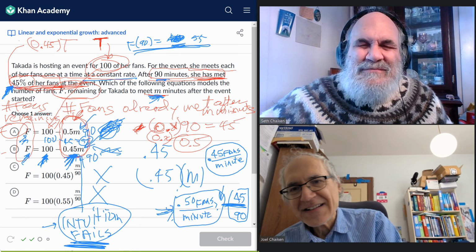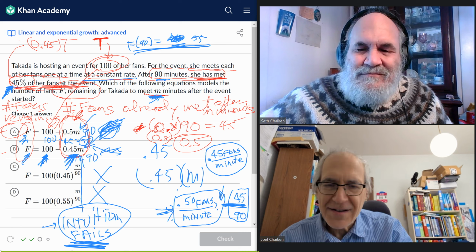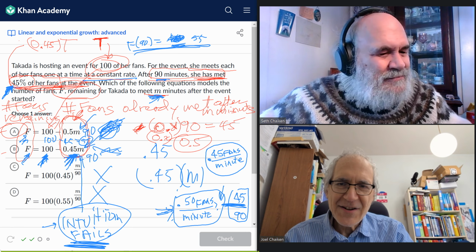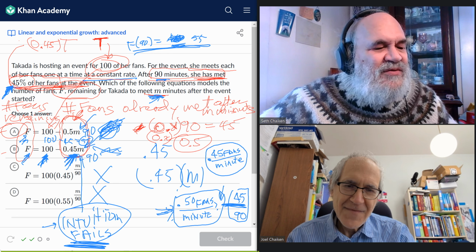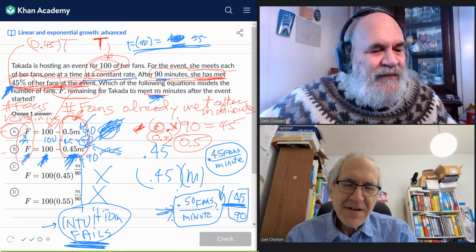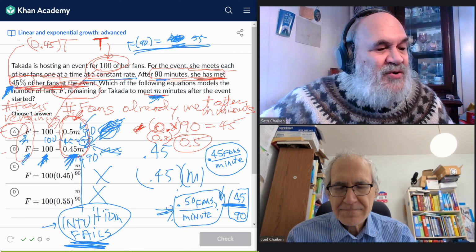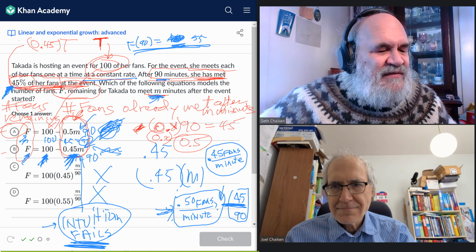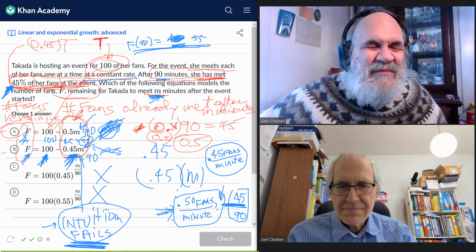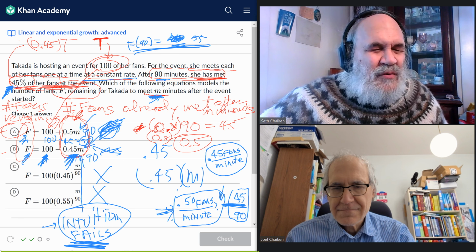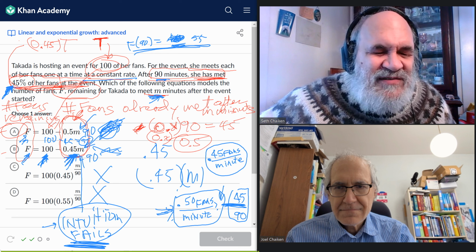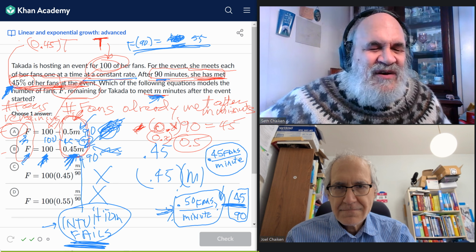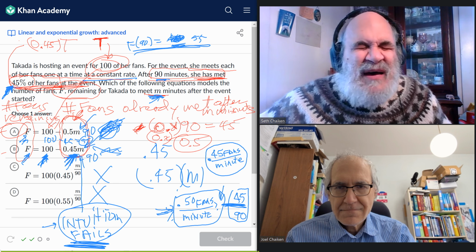Notice unit analysis comes through again. It's a bit tricky. It's a very special case because they gave the number of fans as 100, so the number of fans and percentage of fans have the same values.